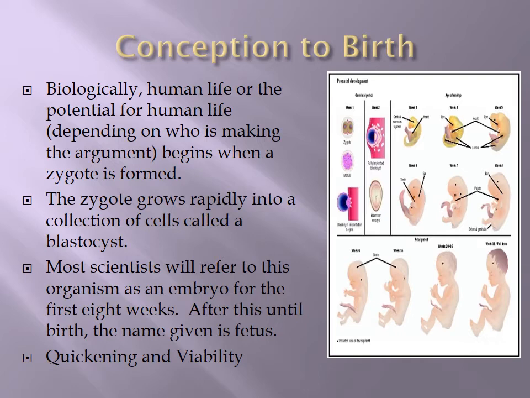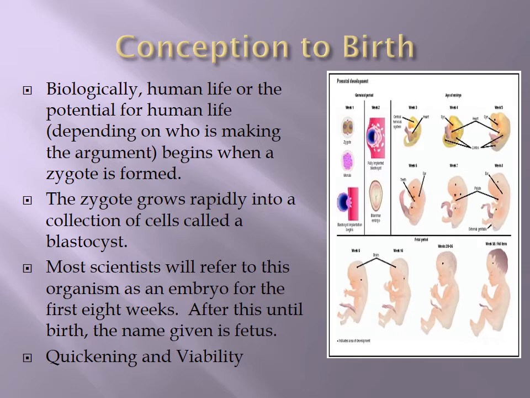For the sake of our class, viability is really far more the important term. Quickening deals with when the mother can begin to feel the fetus moving in her womb. But again, as far as the ethical implications go, viability is very important, because viability pertains to when scientists and doctors believe that the fetus would be able to live outside of the mother's womb.